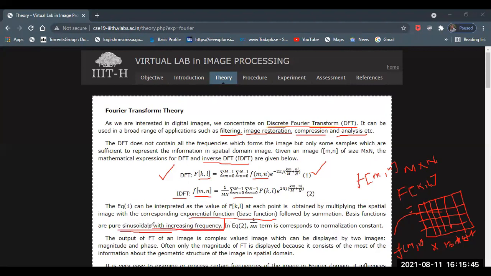When you expand this, e to the power of minus j 2 pi u t, it will be in the form of sine theta plus j cos theta, so this is purely sinusoidal with increasing frequencies.